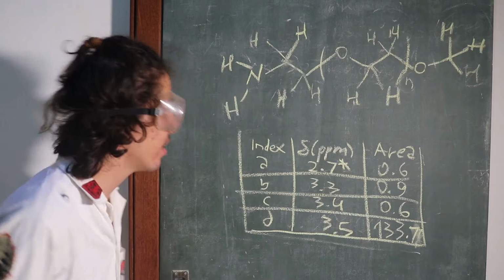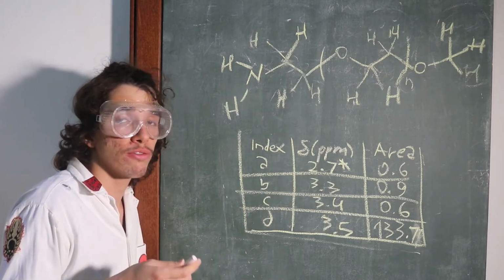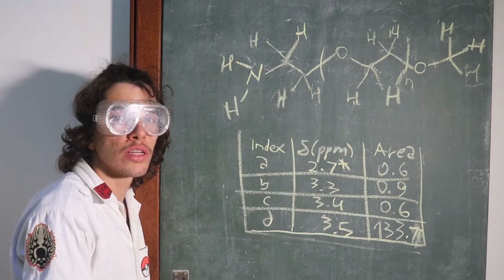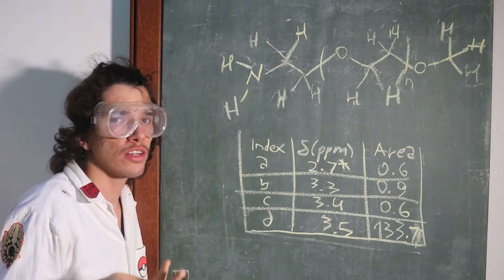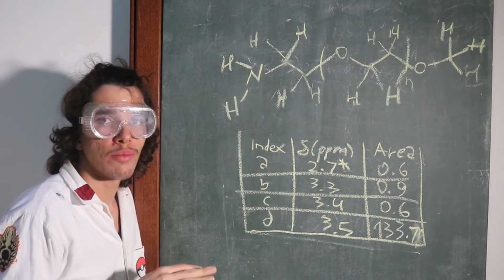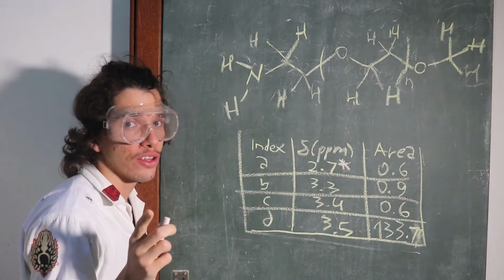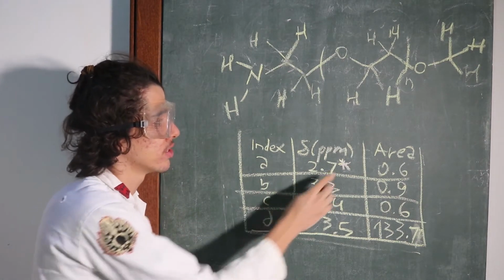First of all, you can use a reference table to know which are the chemical shifts, usually from which functions, but I'm not using it here because I did not tell you an important piece of information.